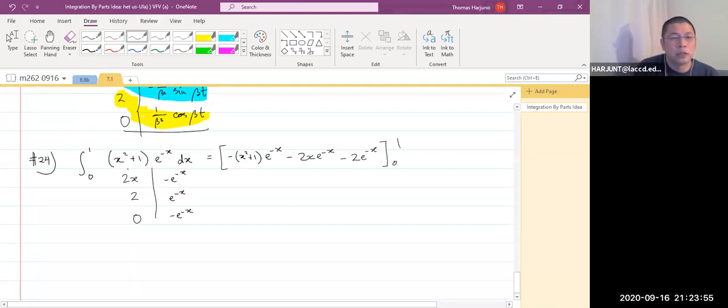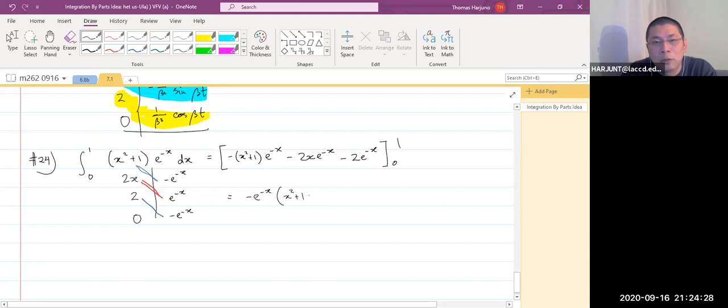Right? This is the positive product, the negative product, positive product. When x equals 1, you know what? Before I do that, let me factor the e to the negative x out first. So I will get x squared plus 1 plus 2x plus 2, from 0 to 1.